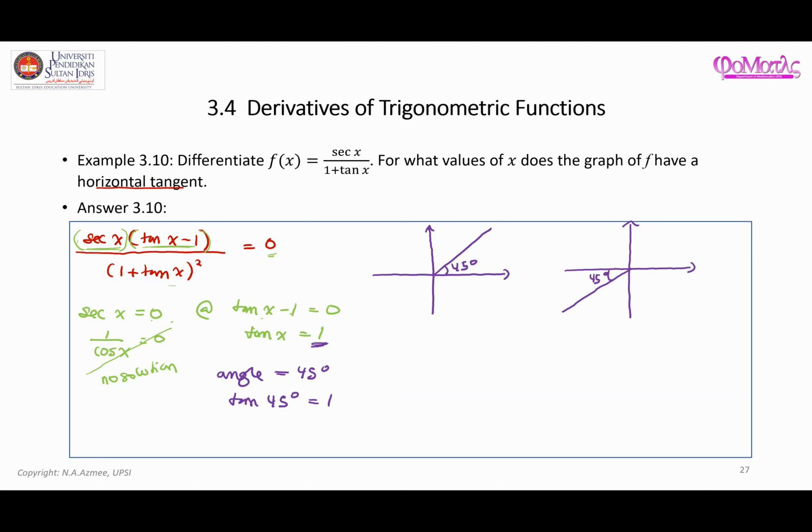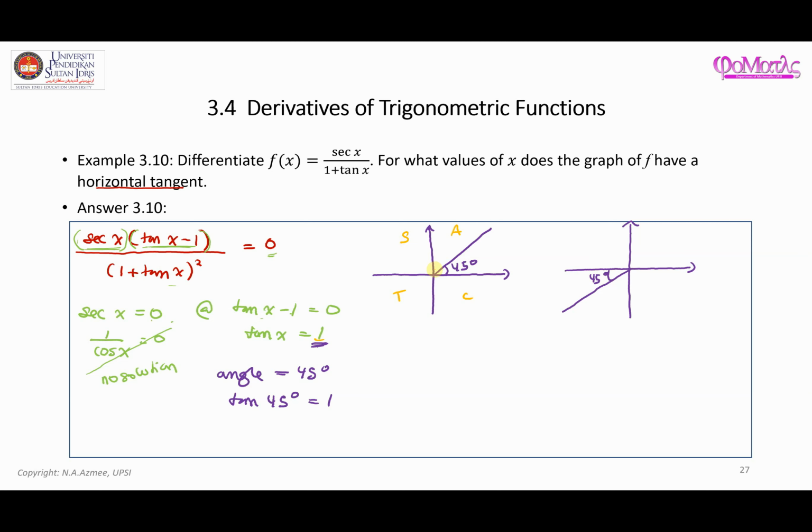Okay, now remember what you have learned before: add sugar to coffee. If you get a positive result, then sine, cos, and tangent on this quadrant are all positive.